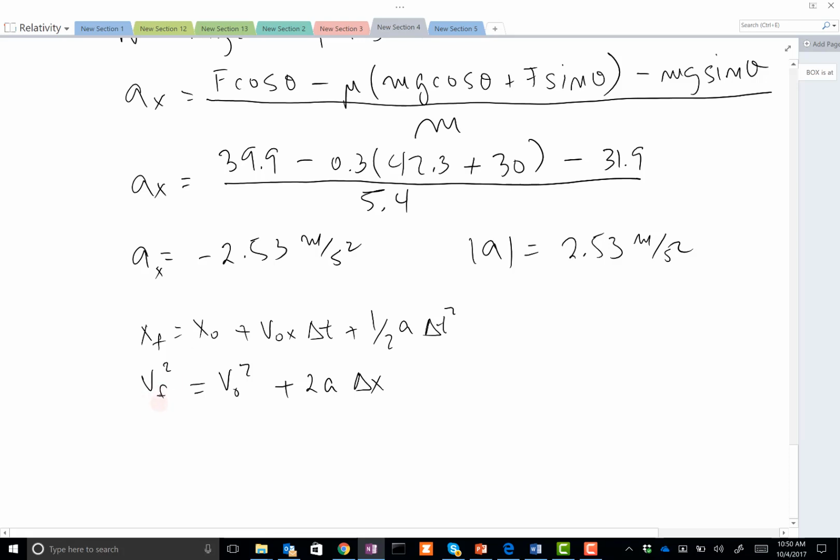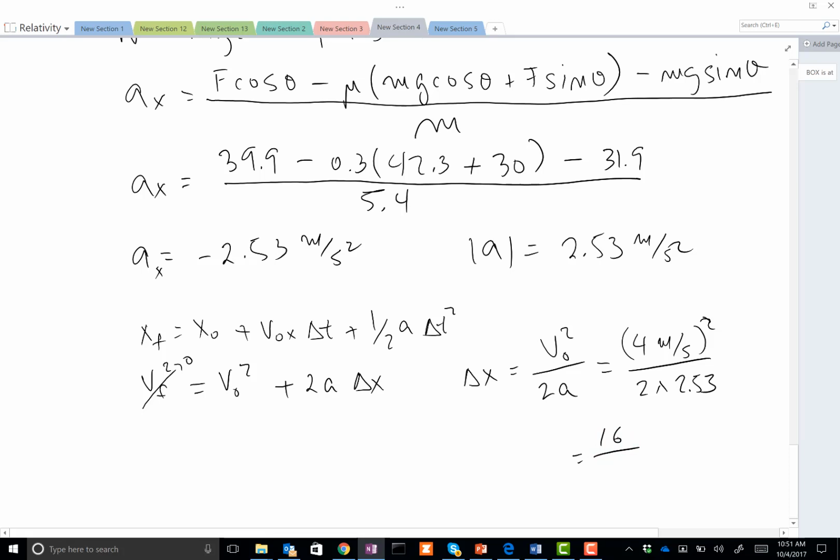The final velocity when it reaches the top is 0. So I can write that delta x is equal to v0 squared divided by 2a, and here this is negative and this is negative, so the two negatives cancel out. So I get 4 meters per second, that's the initial velocity, squared, divided by 2 times 2.53, and that is equal to 16 divided by roughly 5.